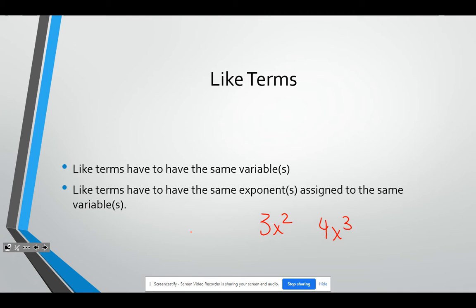They are not like terms because, yes, they have the same variable, but they do not have the same exponent assigned to those variables. The only thing that does not matter when we discuss like terms is the coefficient, the number in front of the term.